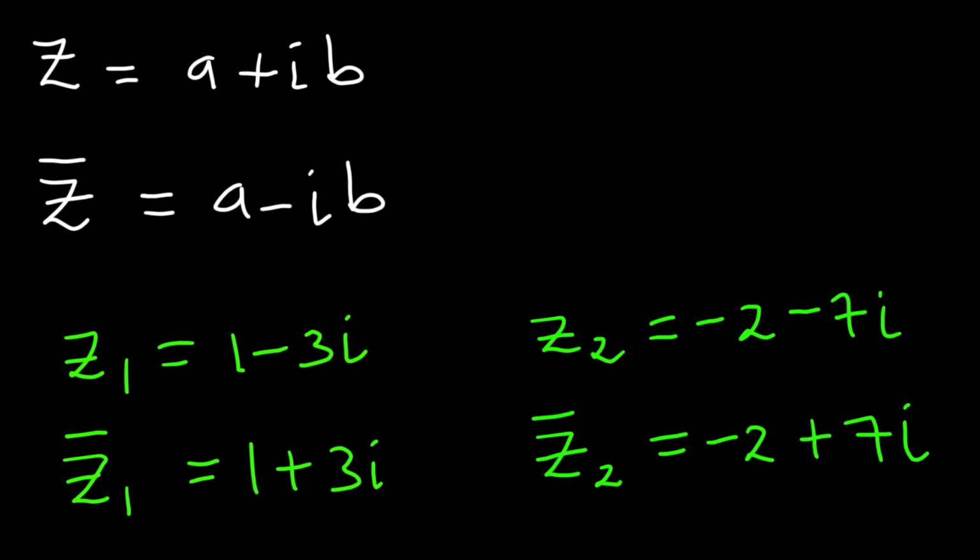Now let's look at some examples and see how we can apply this. Let's say we have 2 plus 5i divided by 3 plus 2i. How can you simplify this? In order to simplify this, we have to rationalize. And during rationalization, what we basically do is multiply both the numerator and the denominator by the conjugate of the denominator.